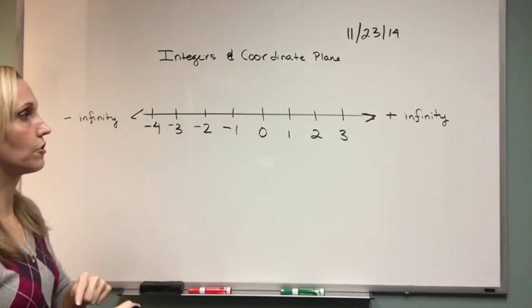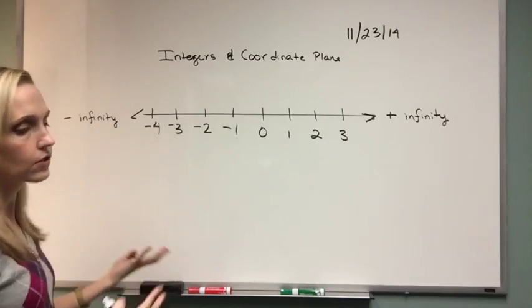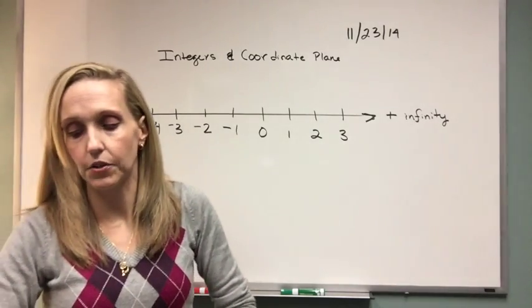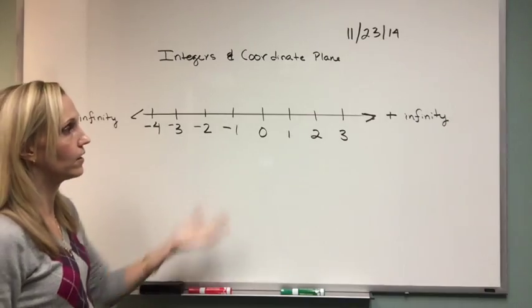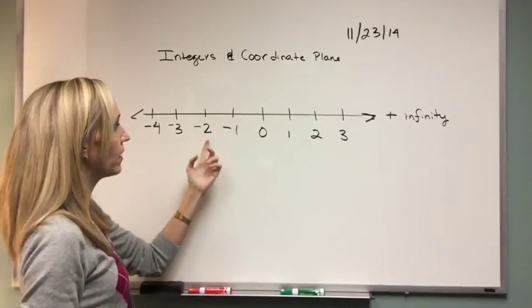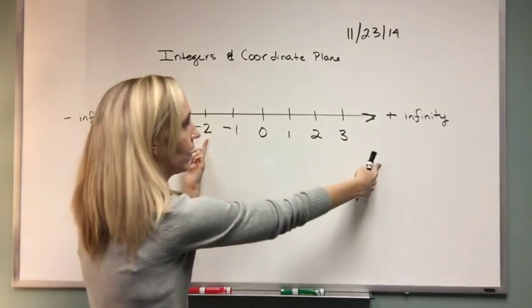So here are integers. And sometimes you have to be asked, well, which one is less, which one is more? Well, you just look at the number line. We know that 2 is greater than -2 because it's to the right.